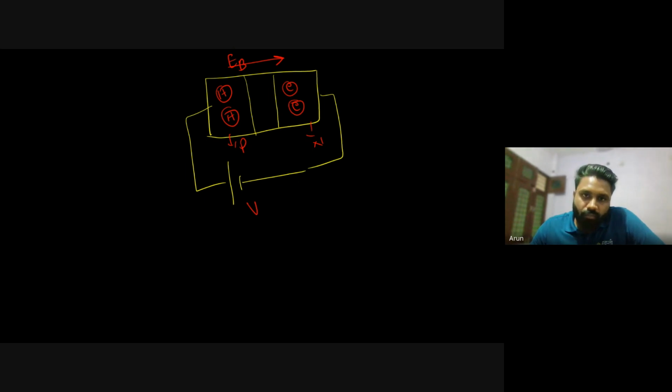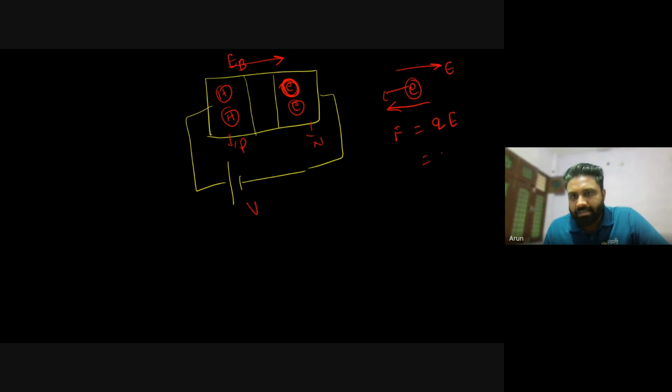This electron will be repelled by this electric field, because if I apply an electric field in this direction, the motion of the electron will be opposite to that, because the force acting on the electron is F equals QE, and Q is nothing but minus e. So F here is in the negative direction.